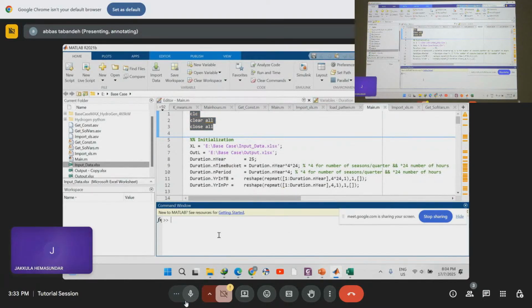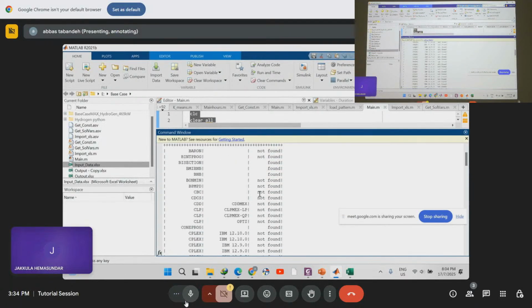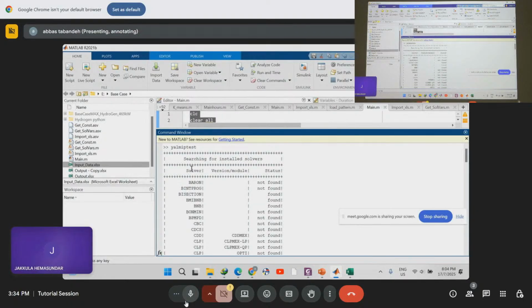To see if your installation has been successful, just type GIAN MIP test. It gives you all the information about the solvers.